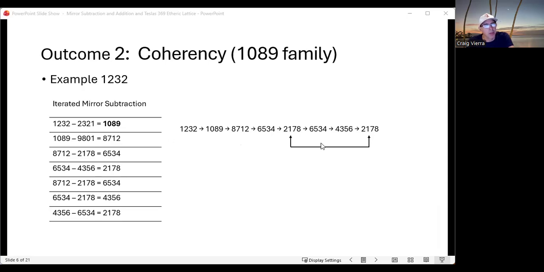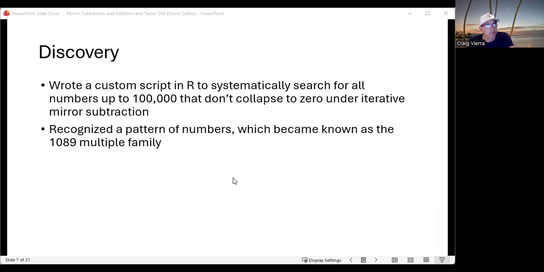And so this is like a cycle. So in this instance, 1232 is not collapsing to zero, but it's demonstrating coherency. And this is what was incredibly important and different from the first outcome.